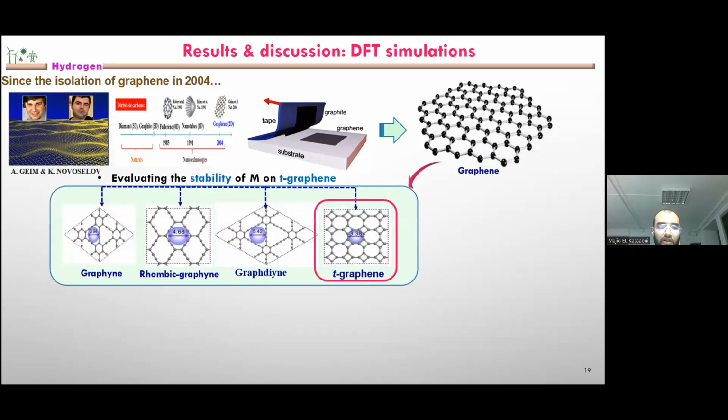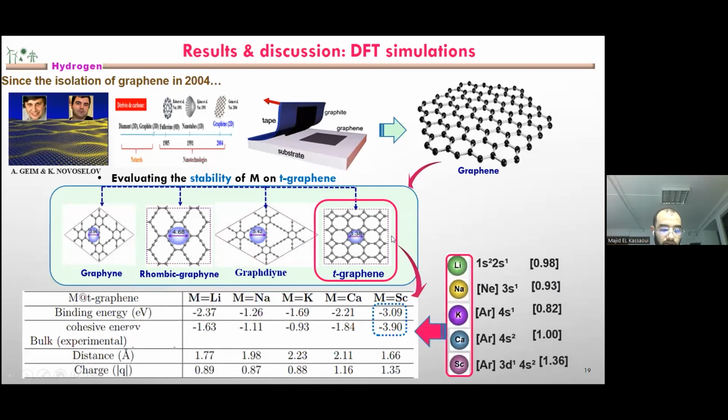To evaluate the stability of the metal organic framework on the surface of the tetragonal graphene monolayer, according to the results of this table, the obtained binding energies are smaller than the cohesive energy of the bulk metal for lithium, sodium, potassium, and calcium, except for scandium, which has a binding energy higher than the experimental cohesive energy.